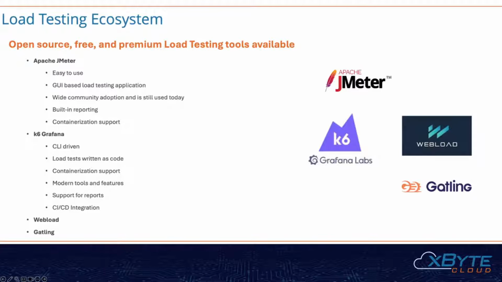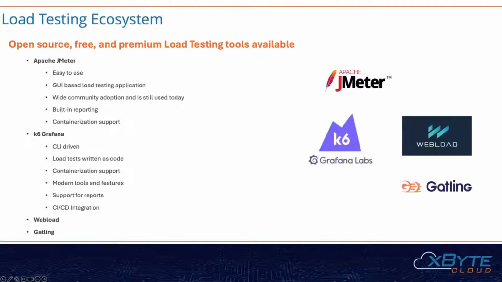One of the more popular tools that I'm sure a lot of you have heard before is Apache JMeter. It's most popular because it's easy to use. It's based on a GUI. You can download it and have it set up in a matter of minutes. It does have wide community adoption, and it's still actively used today. So there's plenty of community resources out there to build acceptance testing and define load testing.